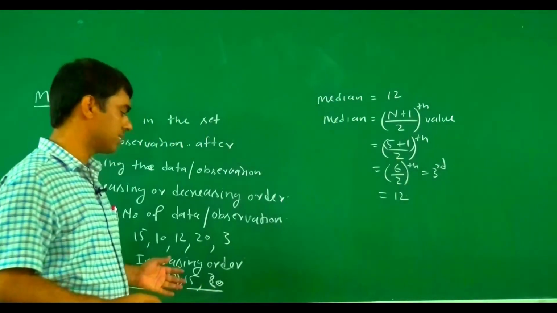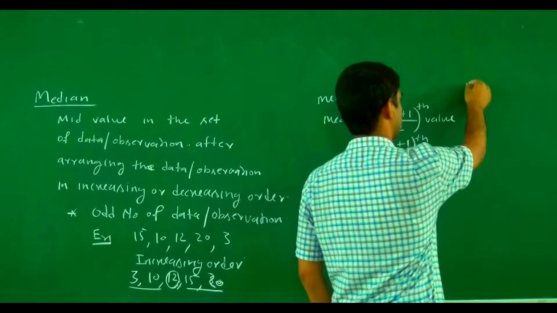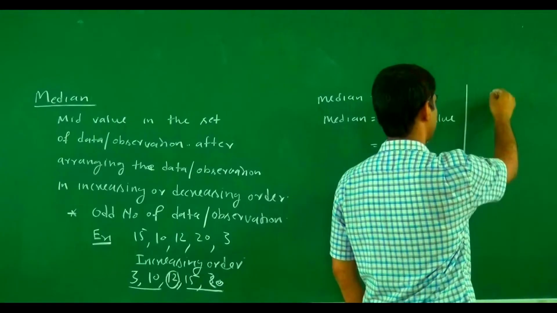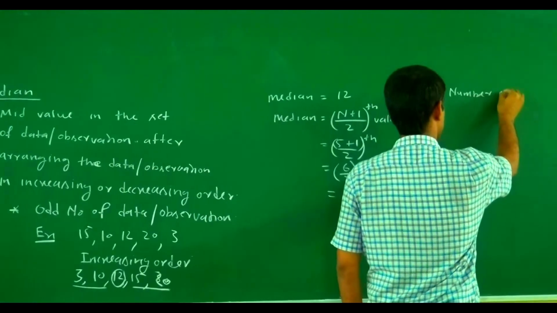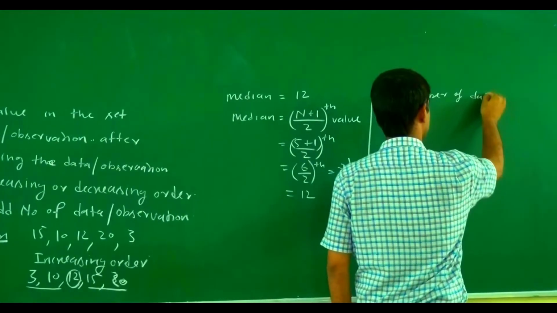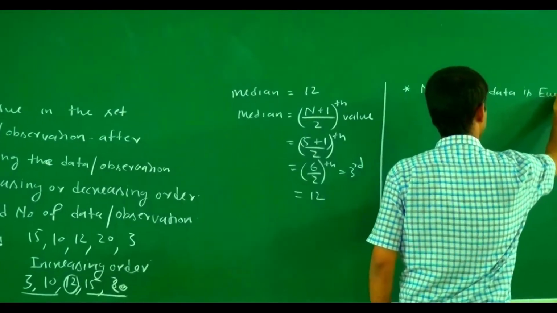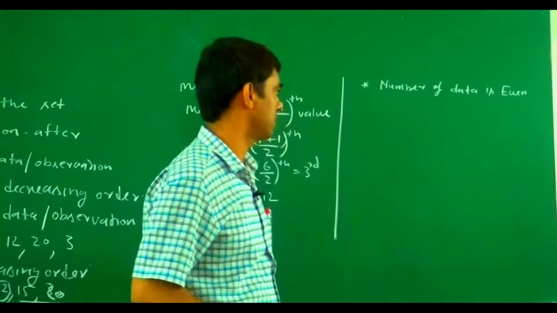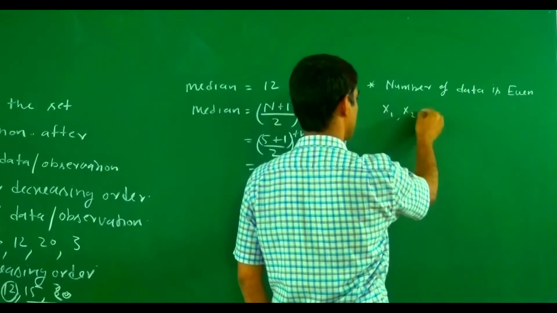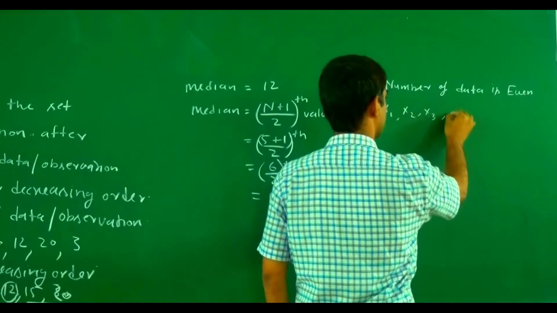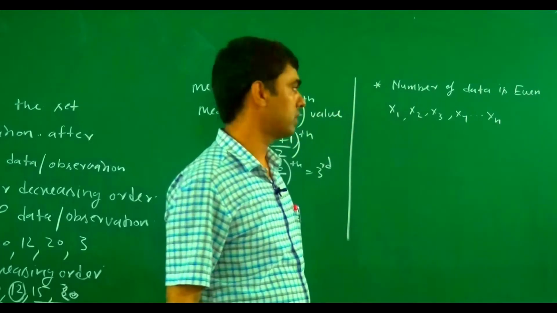But if the number of data is even, then what will happen? The observations are x1, x2, x3, x4 up to xn, where n is an even number.